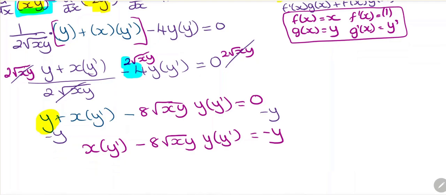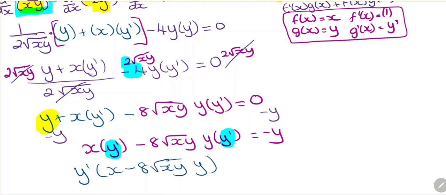Now we have two terms here, so we can factor. If we factor out y prime, we're going to be left with x minus 8 root xy multiplied by y prime, and this is equal to minus y.